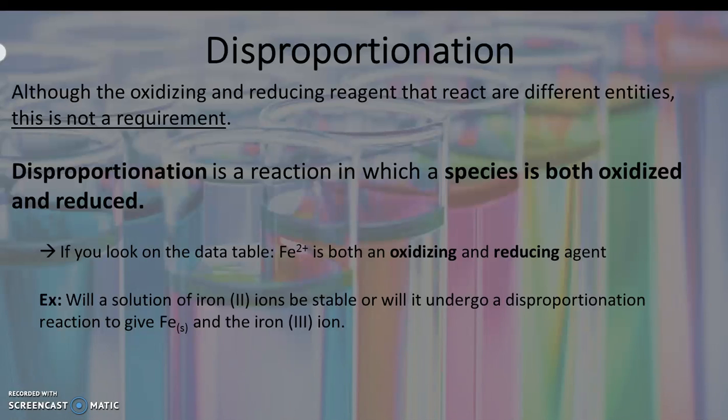If I put iron nitrate in a solution, is this going to break down into solid iron and iron 3 ions, or is it just going to stay as iron 2 ions in solution?